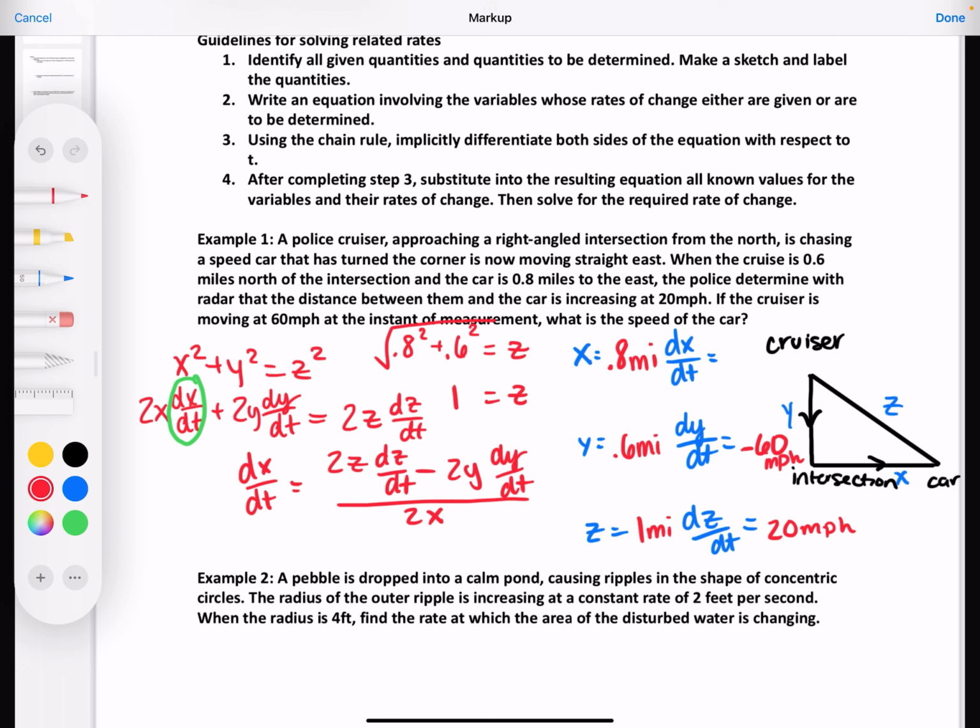So then we can put in numbers. dx dt is equal to 2 times 1 times 20 minus 2 times 0.6 times negative 60, all over 2 times 0.8.